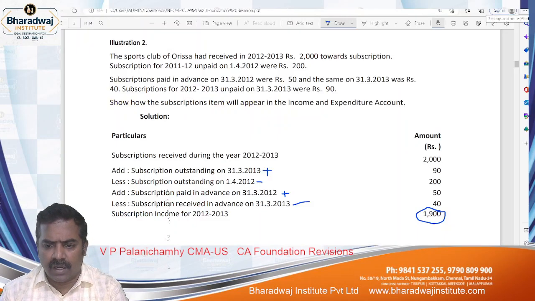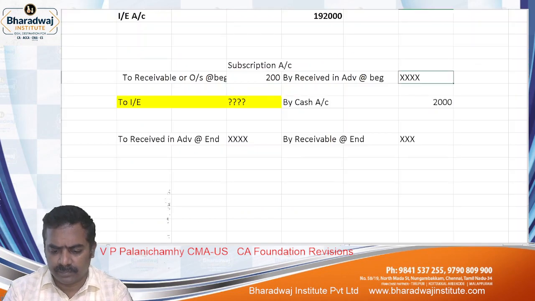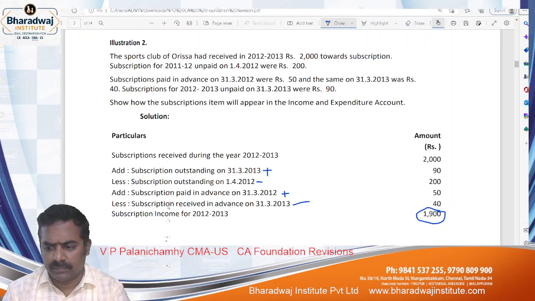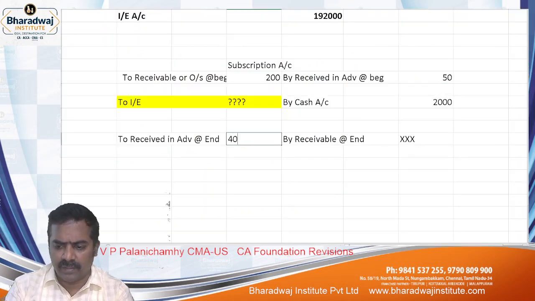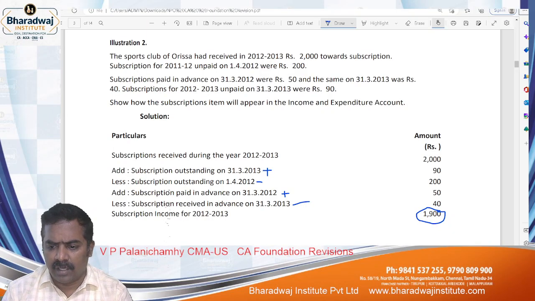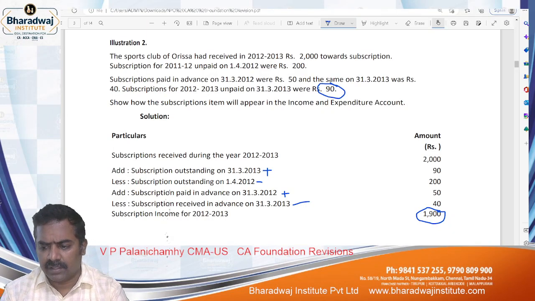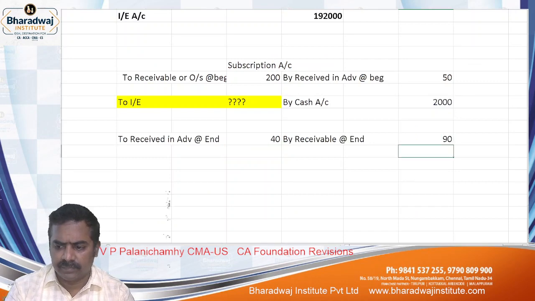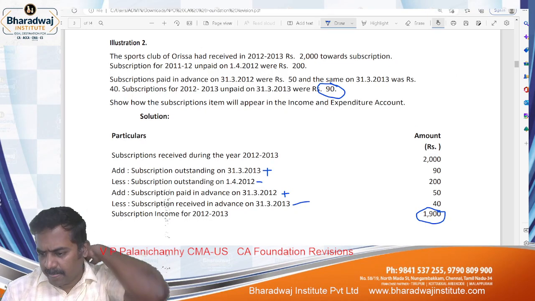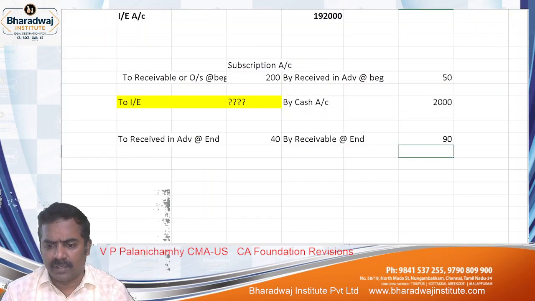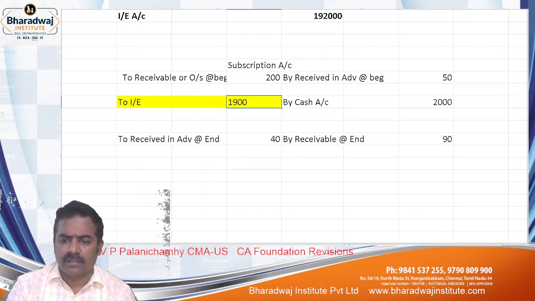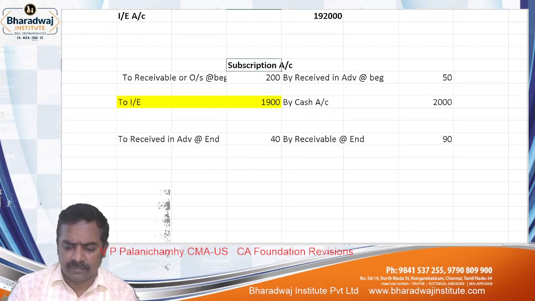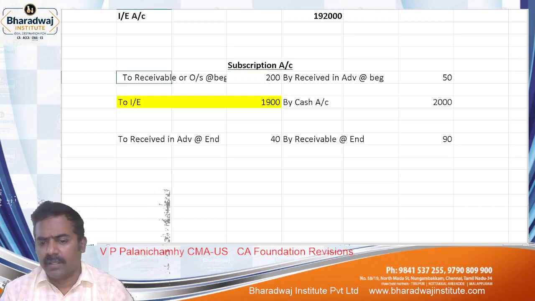Then advance at the beginning of the year 50. Then advance at the end of the year is 40. Unpaid at the end of the year is 90. If you tally, you will get income for the year. What is income for the year? 1900. This is the accounting method of doing.